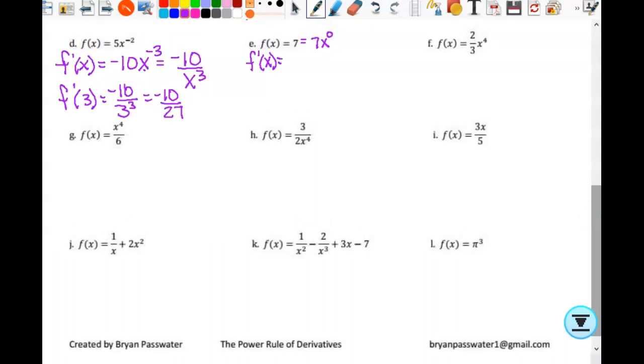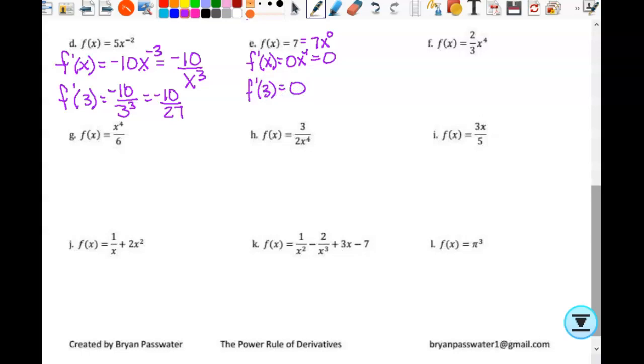So if I look at it that way, and I take the derivative, what's 0 times 7? 0. And then that would be 0 times x to the -1. Does that x to the -1 even matter? No, it's just 0. So the derivative of a constant is 0 every single time. Which means then that f prime of 3 is equal to 0.